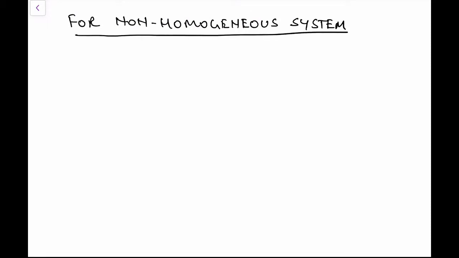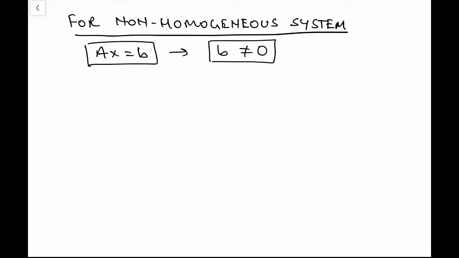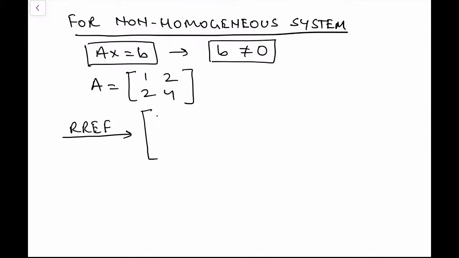Now for the non-homogeneous system where Ax is equal to b, that is b is not equal to 0 here. So let's take the same matrix A, that is [1 2; 2 4]. So suppose in RREF we got the augmented matrix as [1 2 | 4; 0 0 | 0].